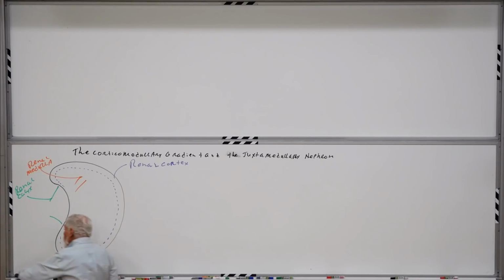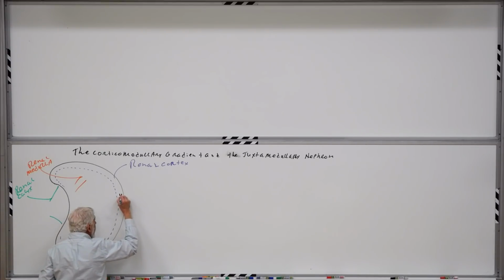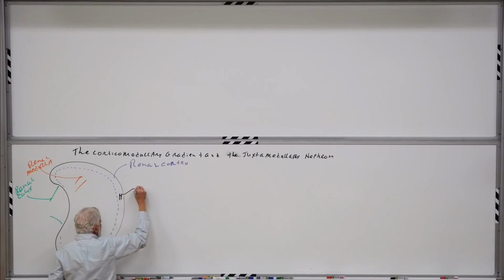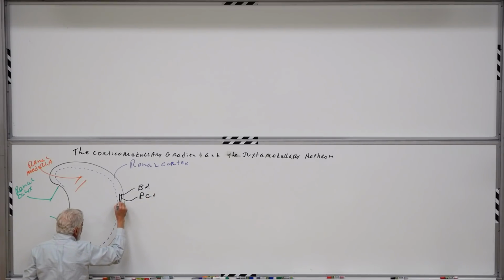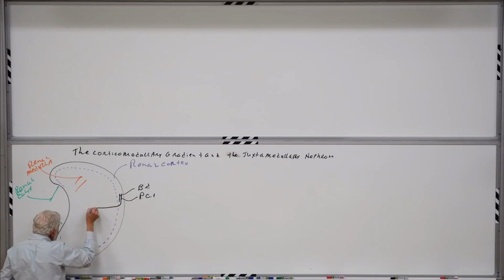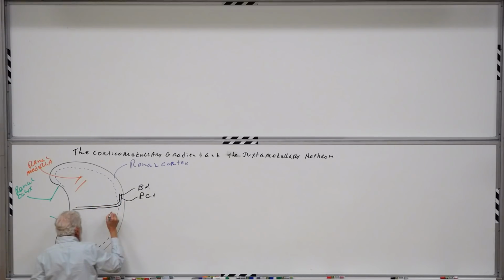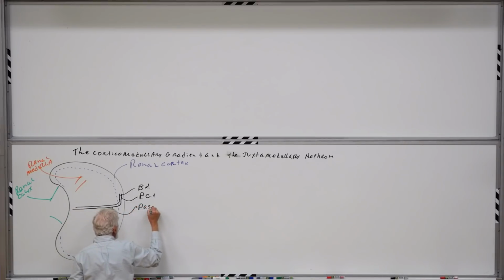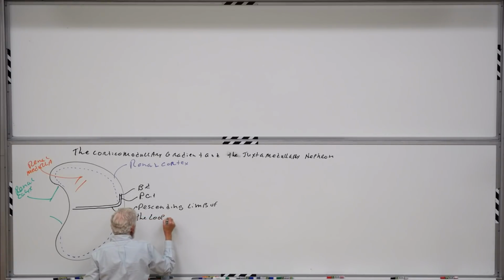We then superimposed on the kidney that specialized juxtaglomerular nephron, and we said out here in the cortex we had Bowman's capsule. Extending from Bowman's capsule was the proximal convoluted tubule. That proximal convoluted tubule then extended into this tube here, referred to as the descending limb of the loop of the nephron.